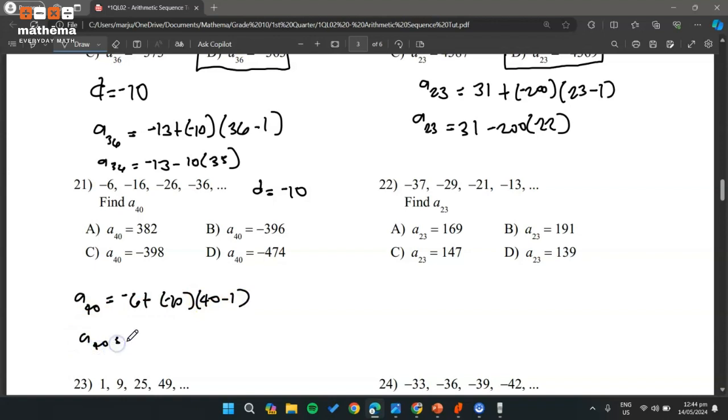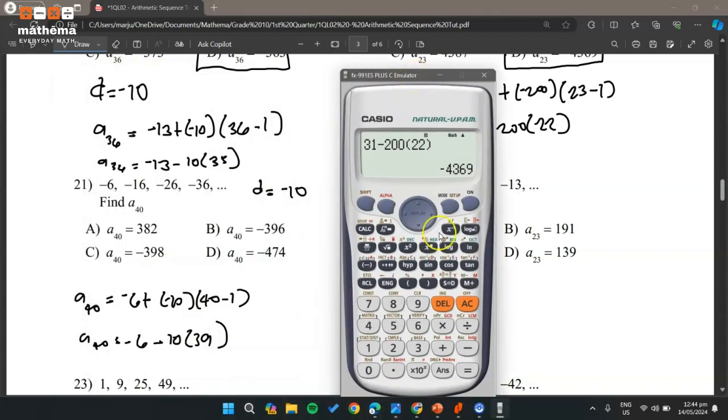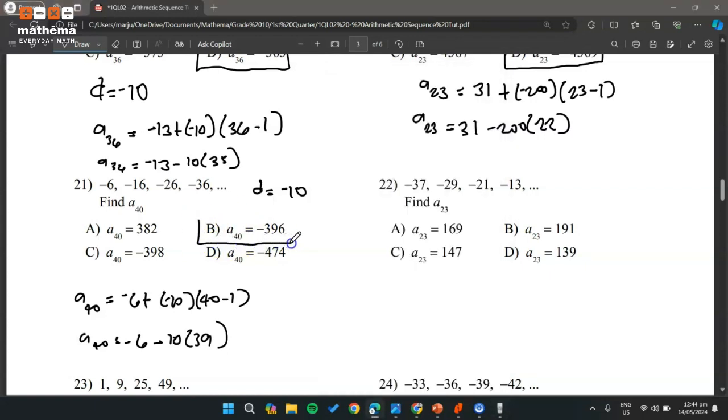Simplifying, this is negative 6 minus 10 times 39, which gives you negative 396. So that is letter B for this item.